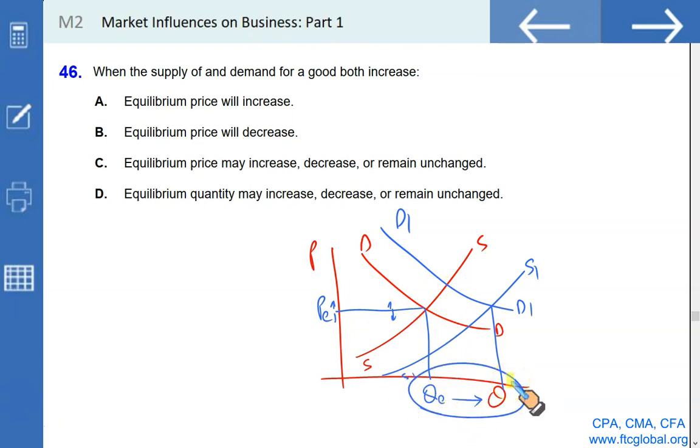So what we can then say, equilibrium price may increase if the demand has increased more proportionally than the increase in supply, or it may decrease if it has increased less in proportion to supply, or remain unchanged if they move the same in proportion to each other. So the price can go up, down or remain unchanged, but we are 100% sure that the equilibrium quantity would increase.